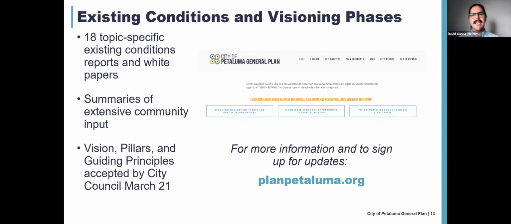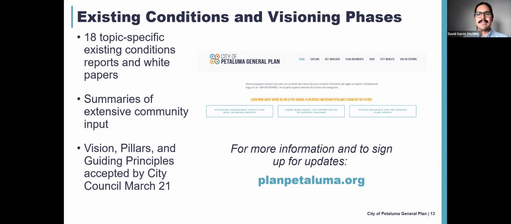And we've wrapped up the discovery phases or the visioning phases. And we just want to reiterate that these phases really helped us build a foundation for the general plan process, built through extensive research and, most importantly, outreach and community engagement with you.